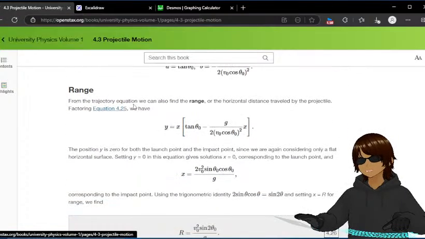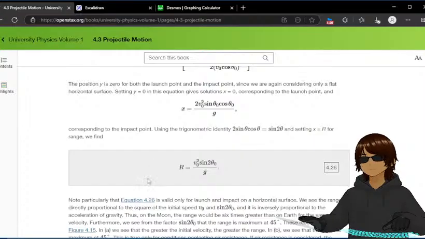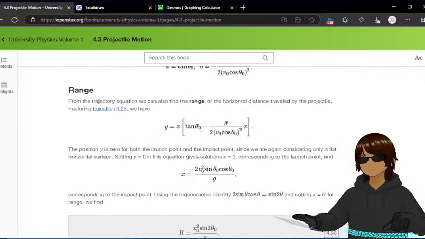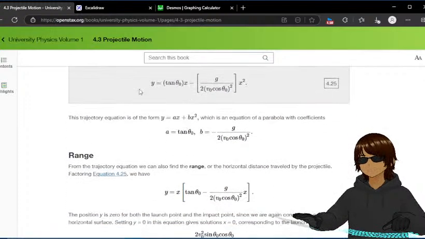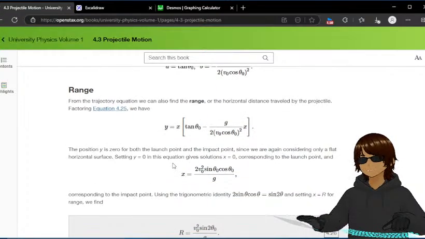From the trajectory equation, we can also find the range, or the horizontal distance traveled by the projectile. So the range is, these are not the equations I memorized during my A levels. So they started with the position.